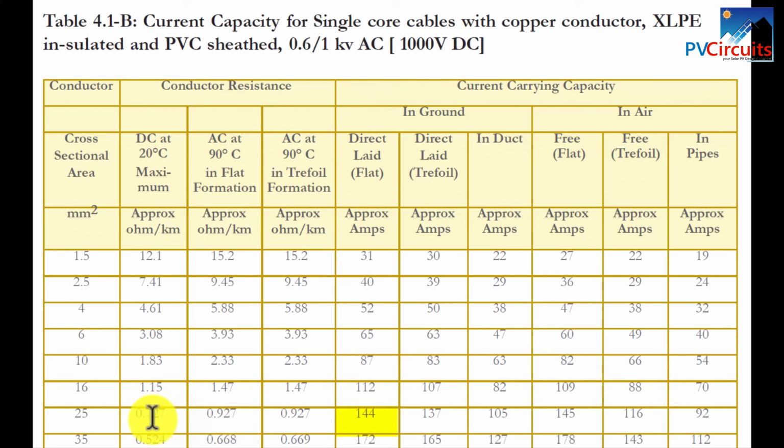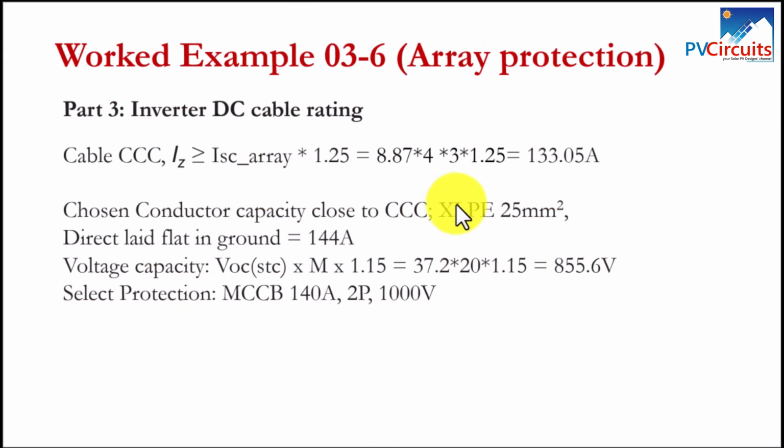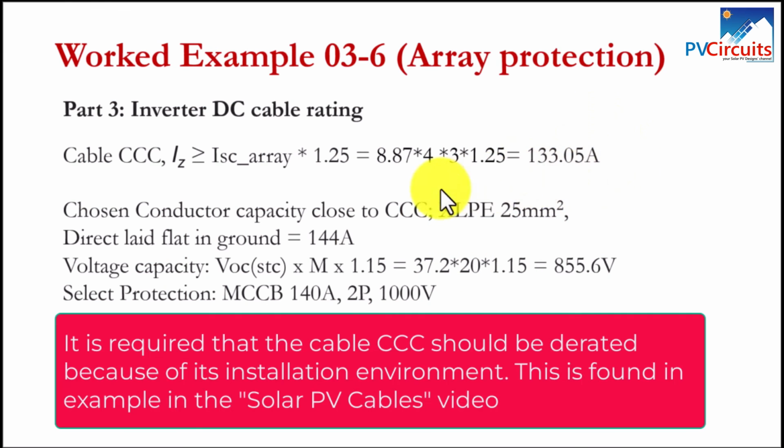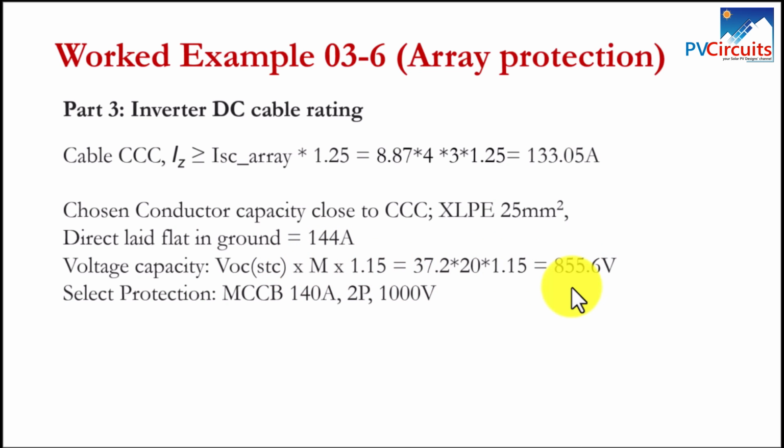And if we move to the left, we see that the size of that cable is 25 millimeter square. So with that, let's move back to the problem. From the table, we have seen that the cable that can conduct this current is XLPE of 25 millimeter square, and we check for the voltage that it can withstand, which is given by that equation there. The voltage is 855.6, and this is less than the 1000 volts of the system.